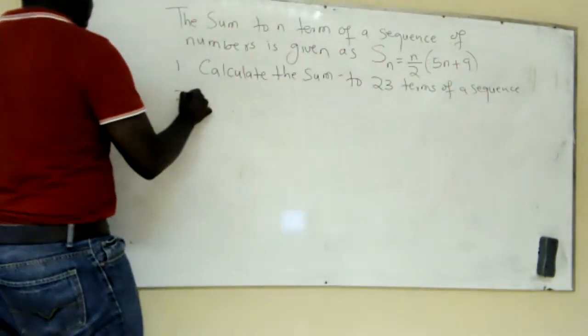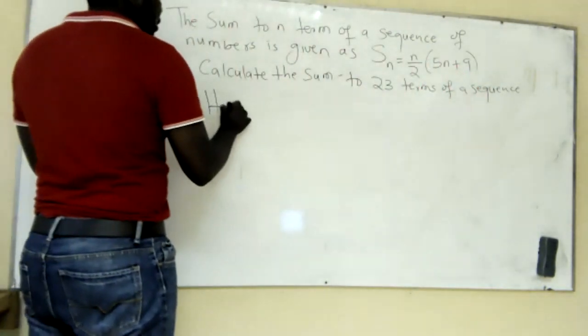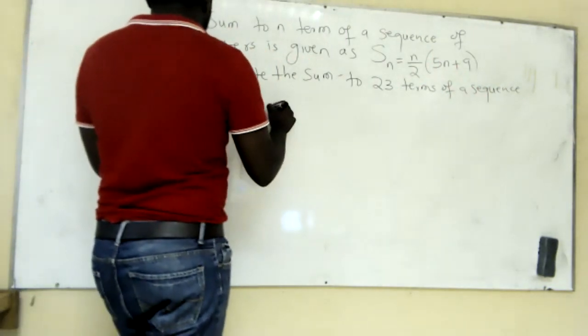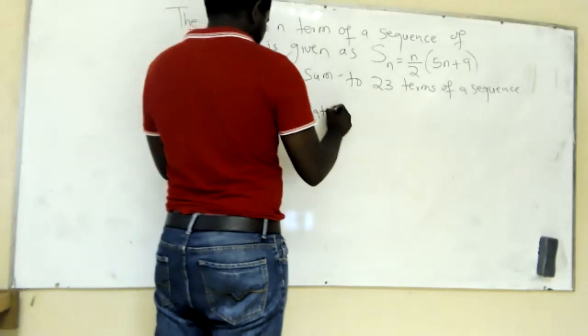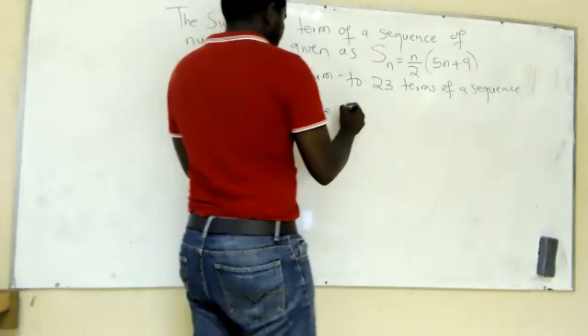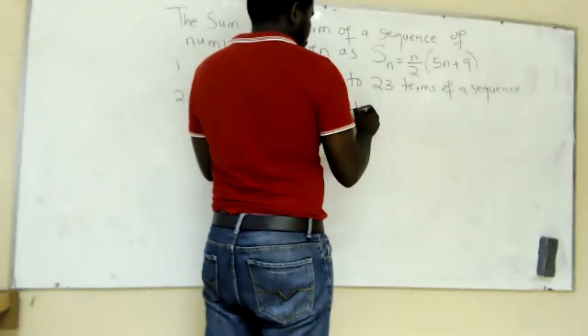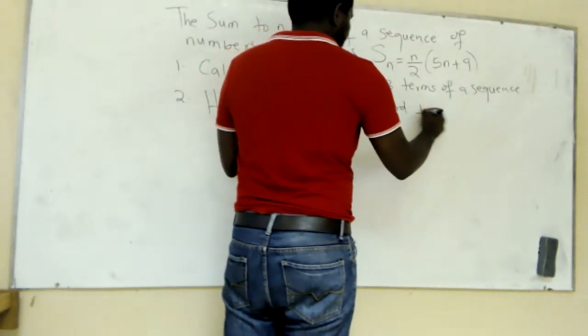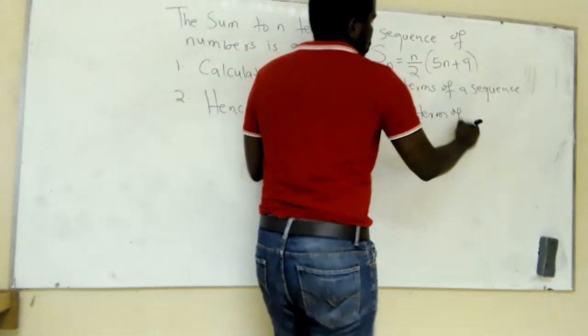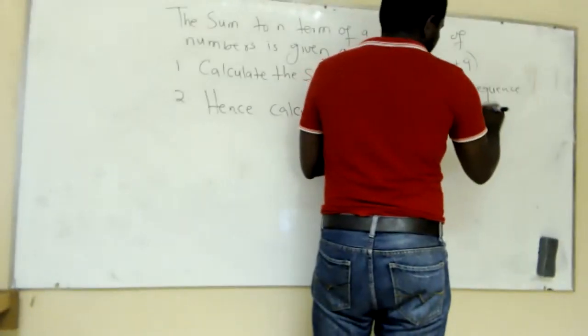Then question number 2 says, hence, calculate the 23rd term of the sequence.